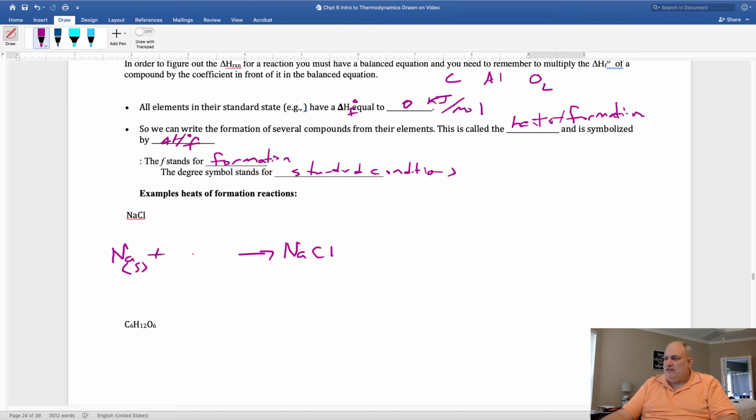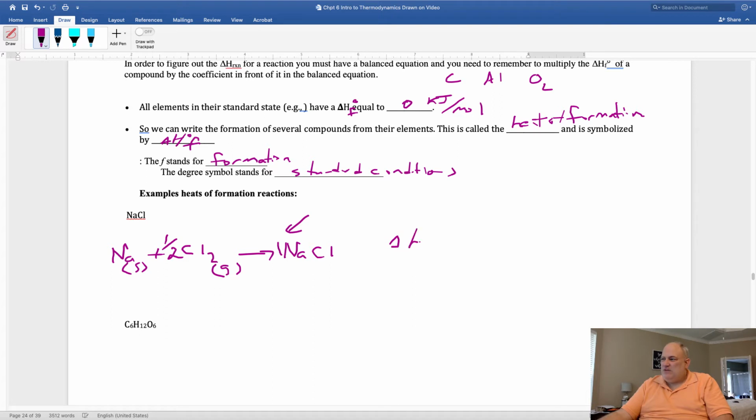So if we have sodium chloride, we're going to have sodium and chlorine. If you remember, chlorine always comes in a diatomic form. But if you take a look at this, it's unbalanced, and in order to have a change in enthalpy of formation, so change in HF, you need to have a 1 right here. That's forming 1 mole. So in order to do that, we have to put a 1/2 right here in order to get the enthalpy of formation.